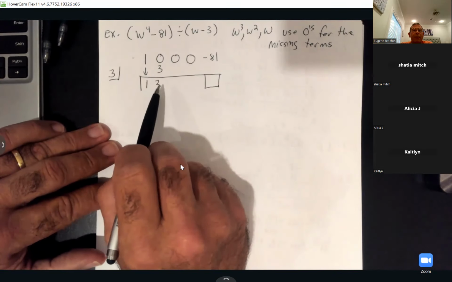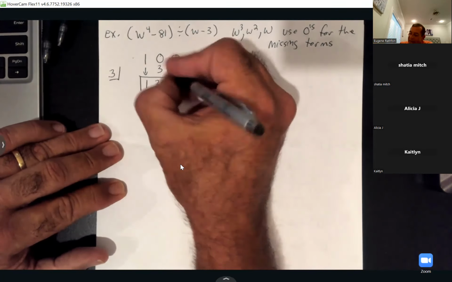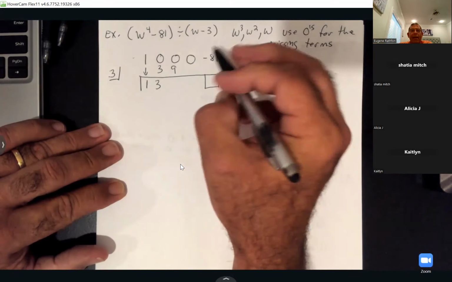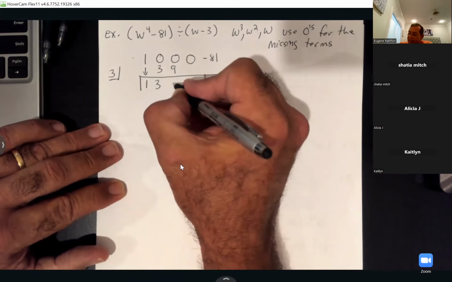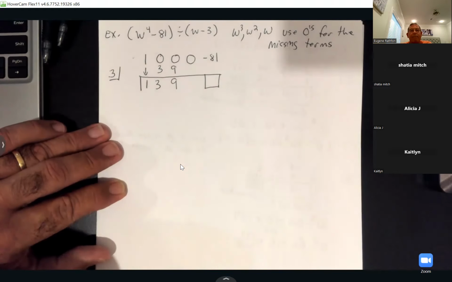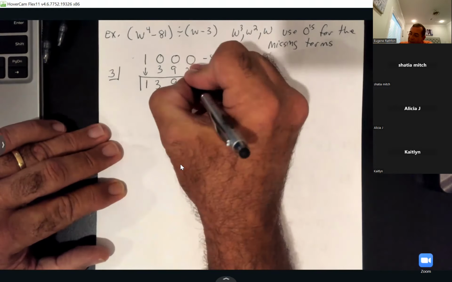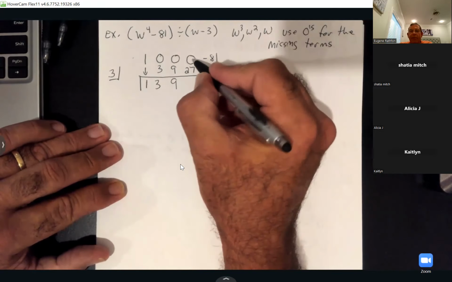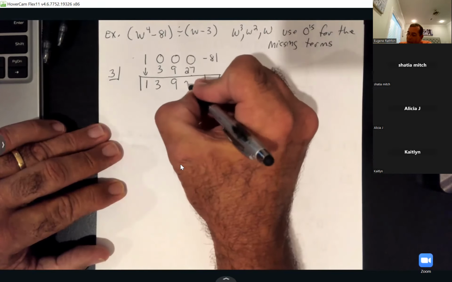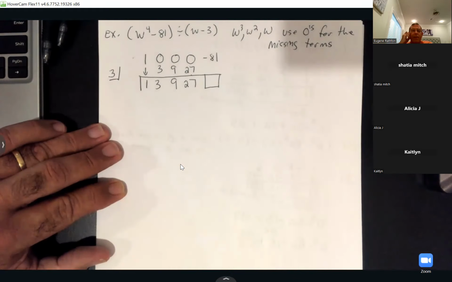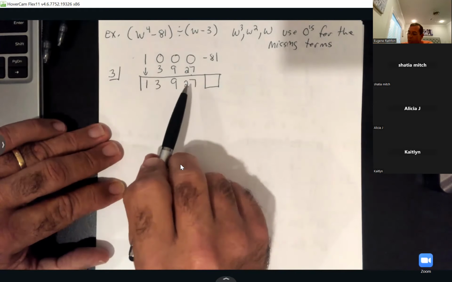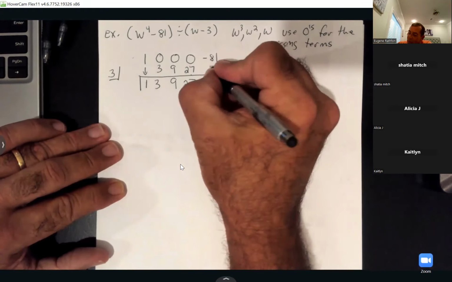Repeat the process. 3 times 3 is 9. Add that column, 0 plus 9 is 9. All right, repeat. 9 times 3 is 27. 0 plus 27 gives you 27. And then y'all finally, 27 times 3 is 81.